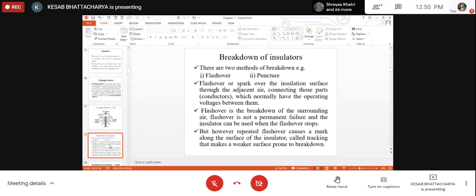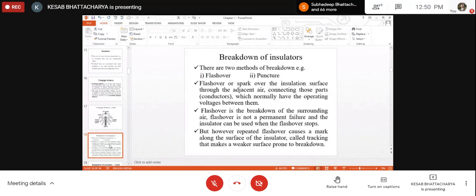Now, flashover or sparkover of the insulation surface, actually I should say that flashover is normally not a permanent failure of the insulator. On the other hand, puncture is always a permanent failure of the insulator.